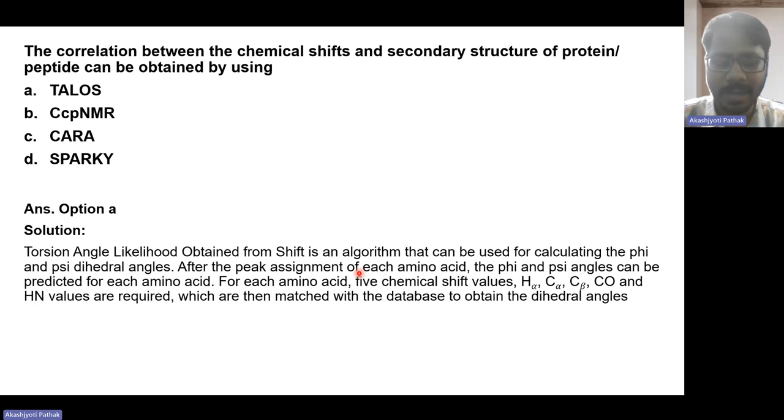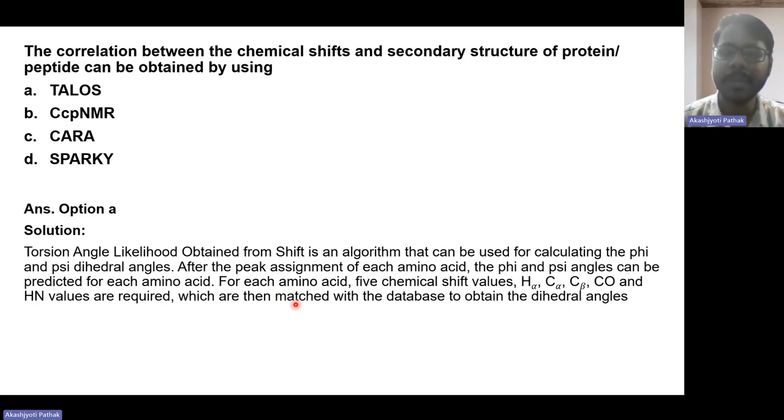Once you have assigned the amino acids, the phi and psi angles can be predicted from this. For each amino acid, the chemical shift values of C alpha, C beta, CO, and NH are required, which are then matched with the database to obtain the dihedral angles.